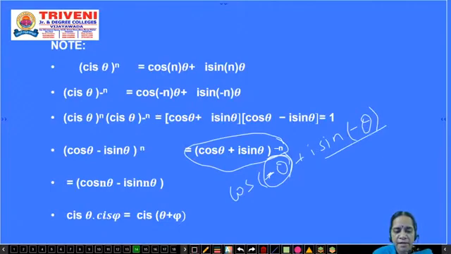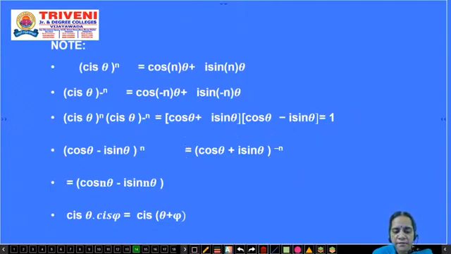That's why I am writing here (cos theta plus i sin theta) whole power minus n, and then it can be written as cos n theta minus i sin n theta. Suppose we have to multiply these two complex values, cis theta into cis pi.